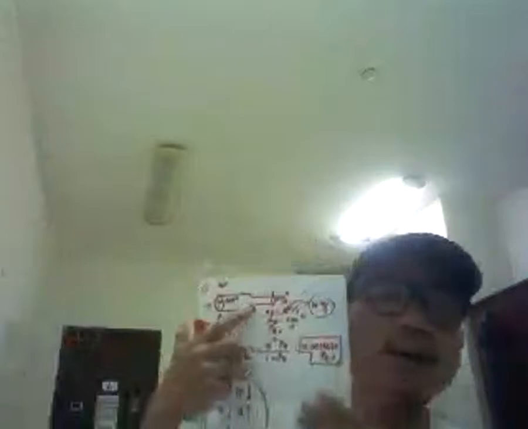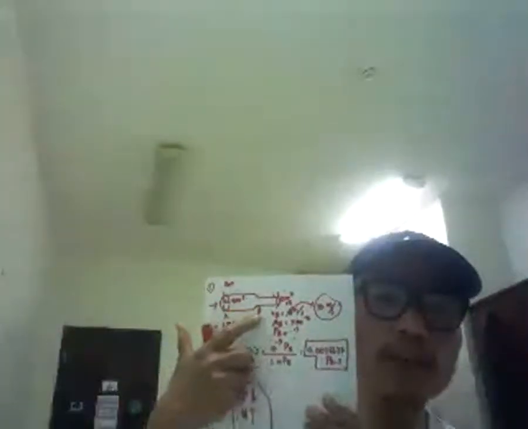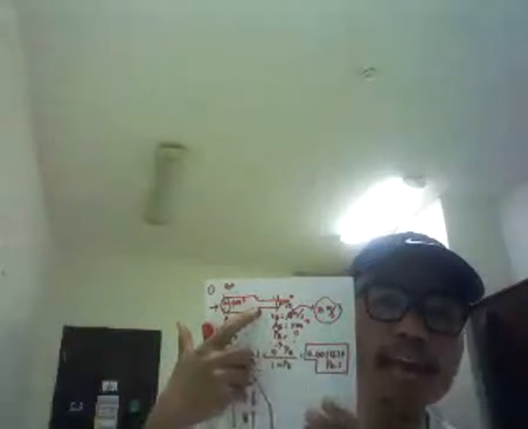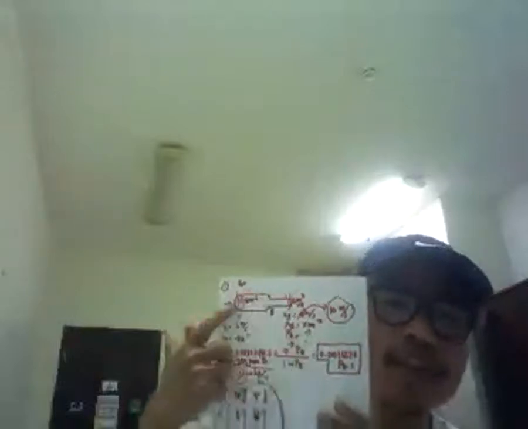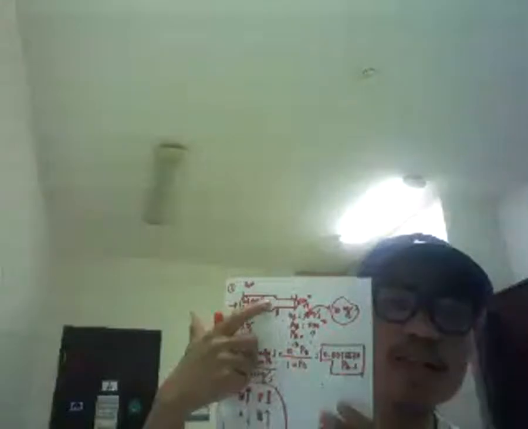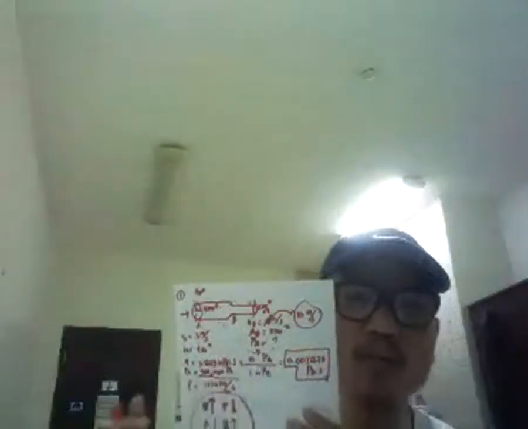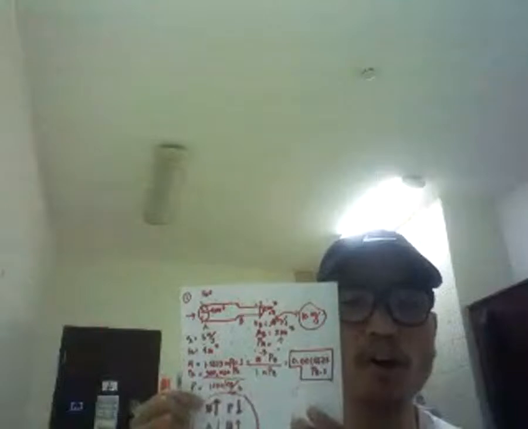So we need to use DB, the DB diameter, because it's at the last stage that the water will flow. So it's at this point B. The inside diameter B will be used, not here. This is the final. No need to subtract, because if you subtract, your value will become small.